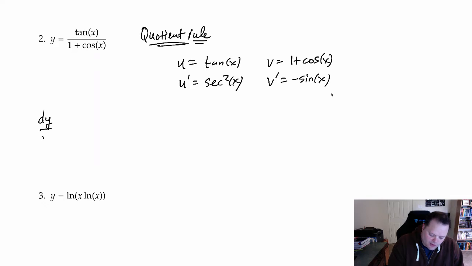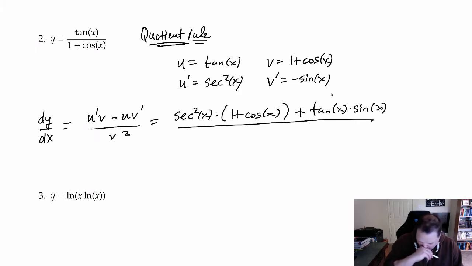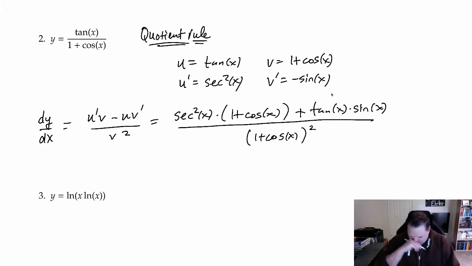So the derivative here would be u prime v minus u v prime over v squared, which is secant squared times 1 plus cosine, minus tangent times minus sine, I'm going to make that plus sine, over v squared, which is 1 plus cosine of x quantity squared.